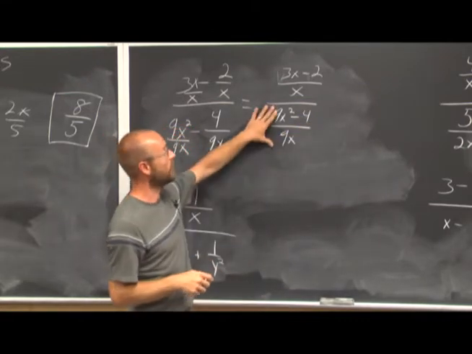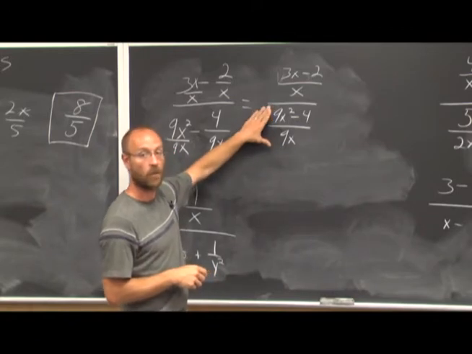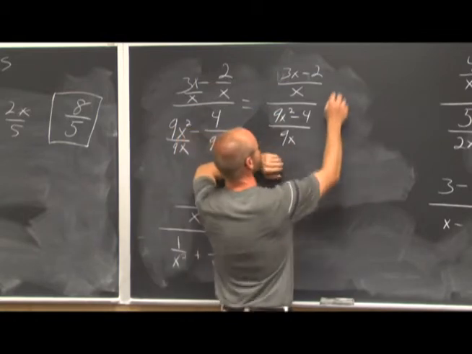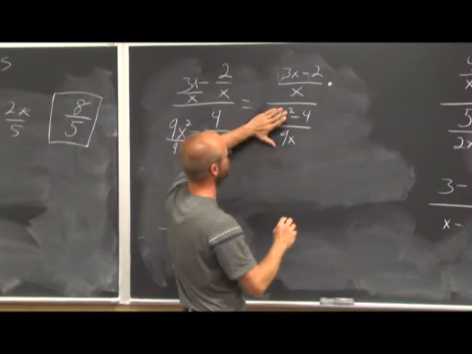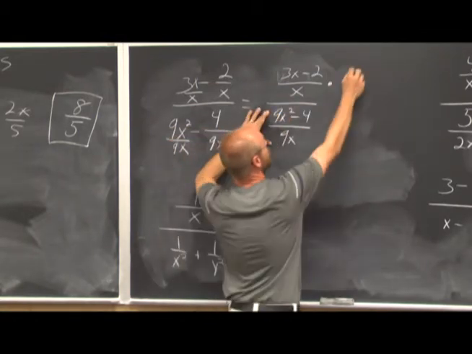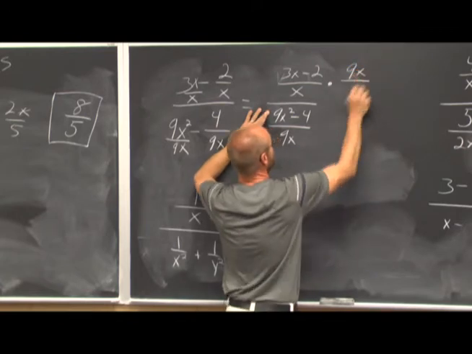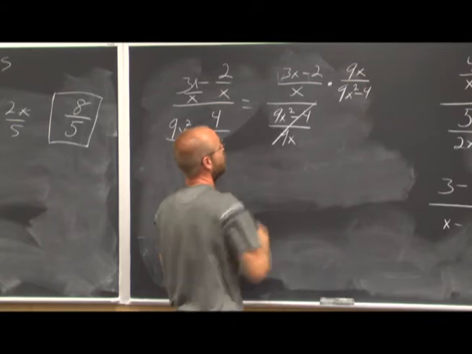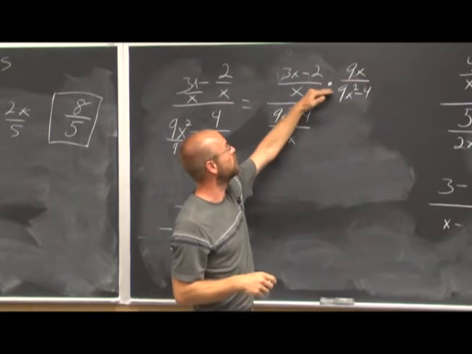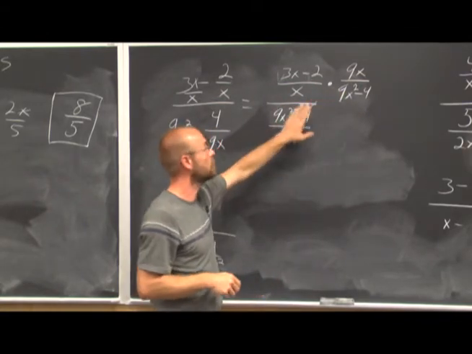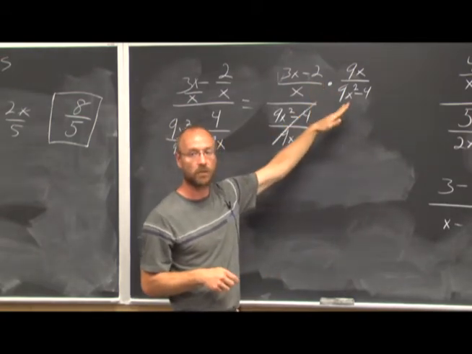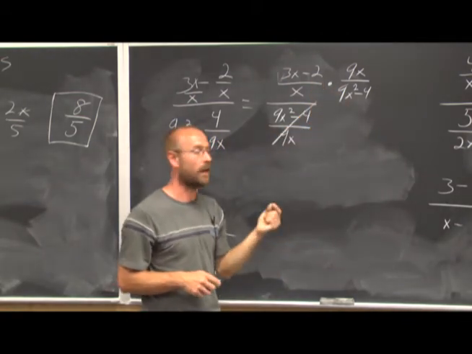Now to simplify this, I just multiply by the reciprocal of the denominator. So I'm going to take this and change it into multiplication by taking its reciprocal, which would be 9x over 9x squared minus 4. Now, if we recall, in the video two videos prior to this one, when we have multiplication of rational expressions, we want to factor and reduce.